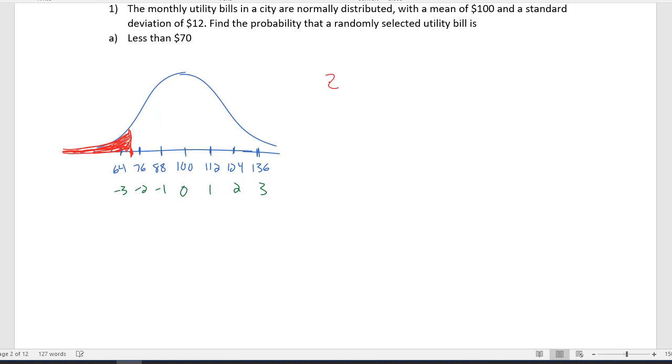The z-score is the data point minus the mean divided by the standard deviation. So I have my data point of 70 minus the mean divided by the standard deviation of 12. And that gives me a z-score of negative 2.5.